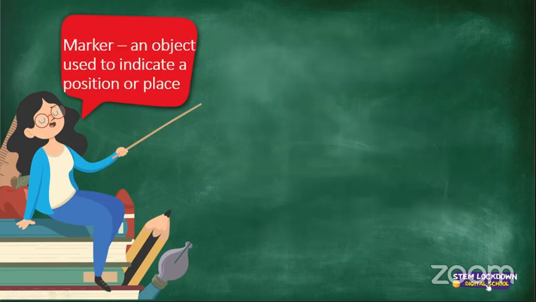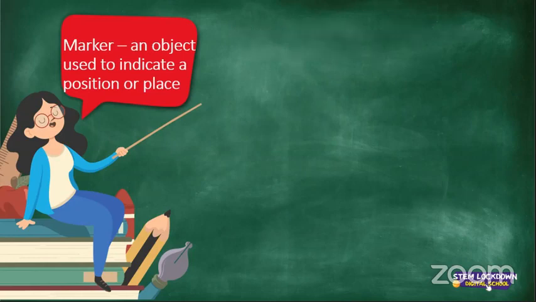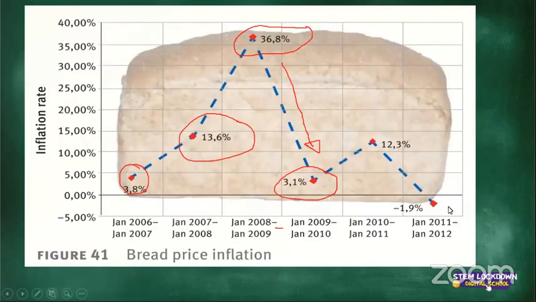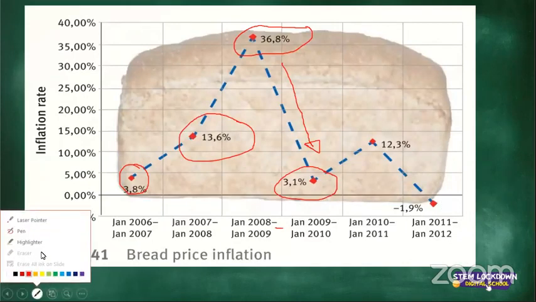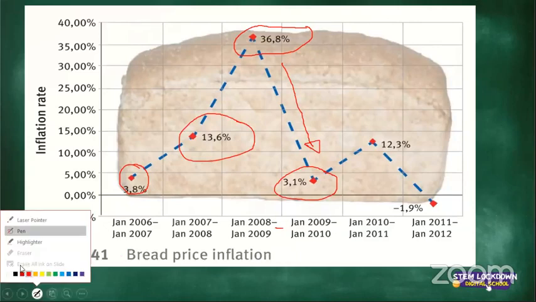And then a marker. What is a marker? That is an object used to indicate a position or place. You'll notice the markers on this graph. The markers are these ones in red. I'm trying to write it down for you so you can see which ones I'm talking about.